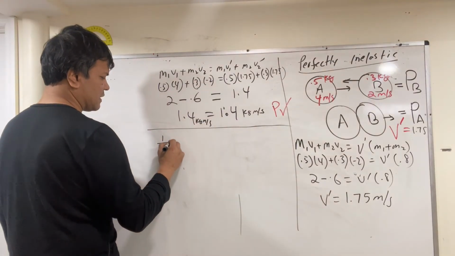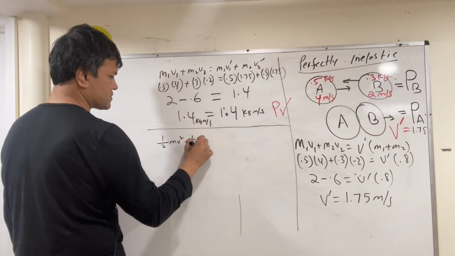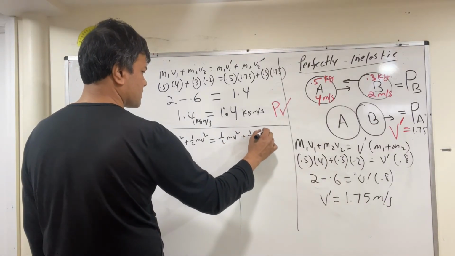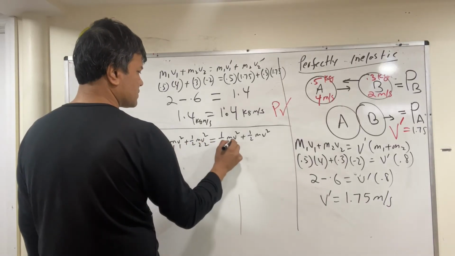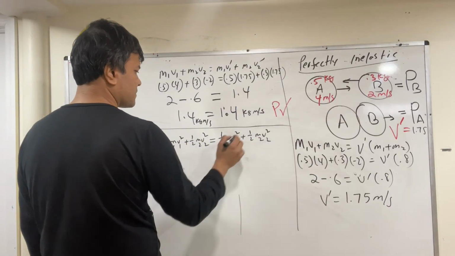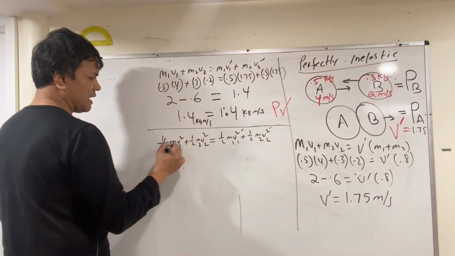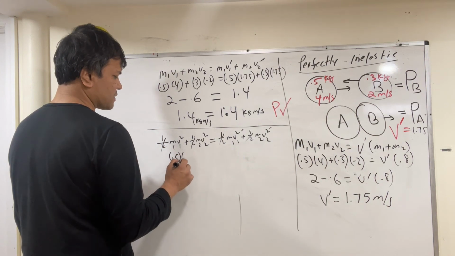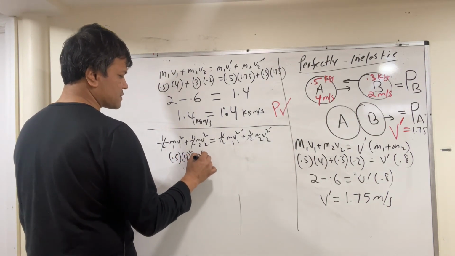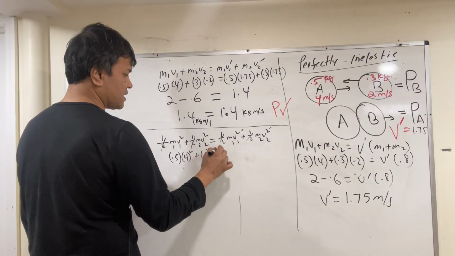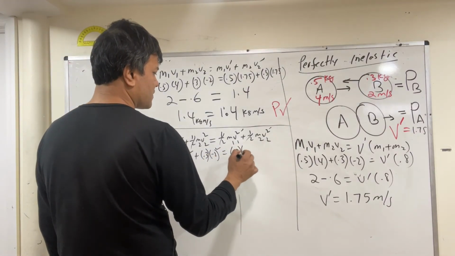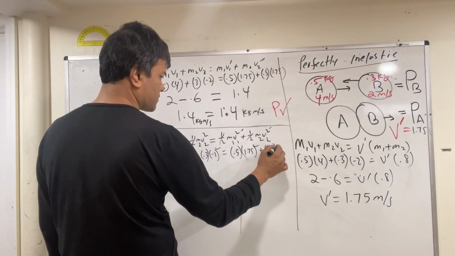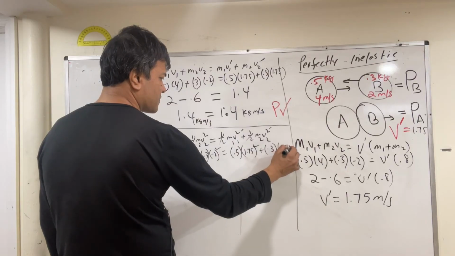Half m1 v1 squared plus half m2 v2 squared is equal to half m1 v1 prime squared plus half m2 v2 prime squared, and the halves cancel. m1 is 0.5, v1 is of course 4 squared, plus m2 is 0.3, v2 is negative 2 squared, and m1 is 0.5, v1 prime is 1.75 squared, plus m2 is 0.3, 1.75 squared.